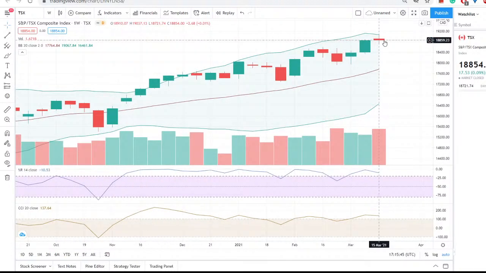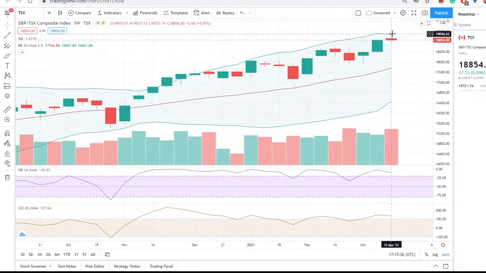So it's a weak trend. It is flattening out. The top Bollinger Band is flattened out. It's a doji, and the indicators are also flattening down.